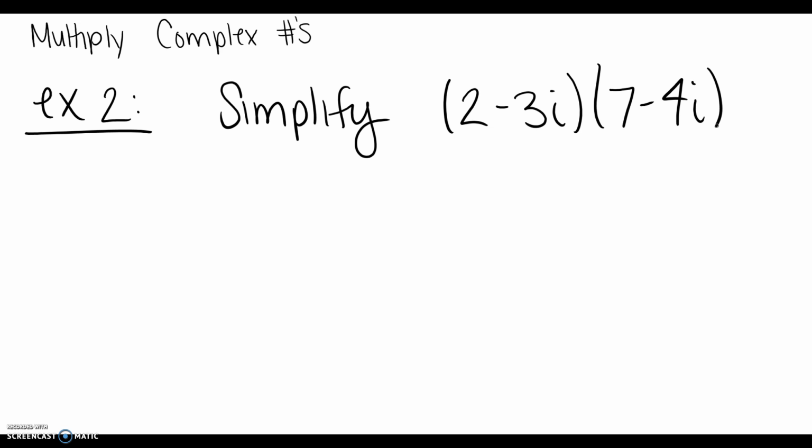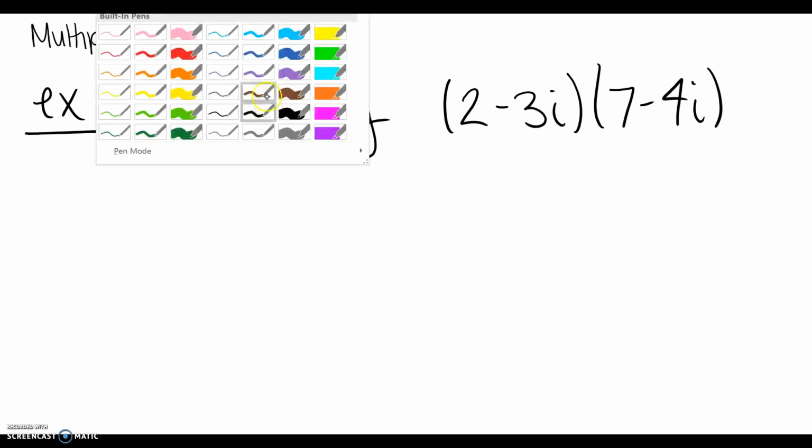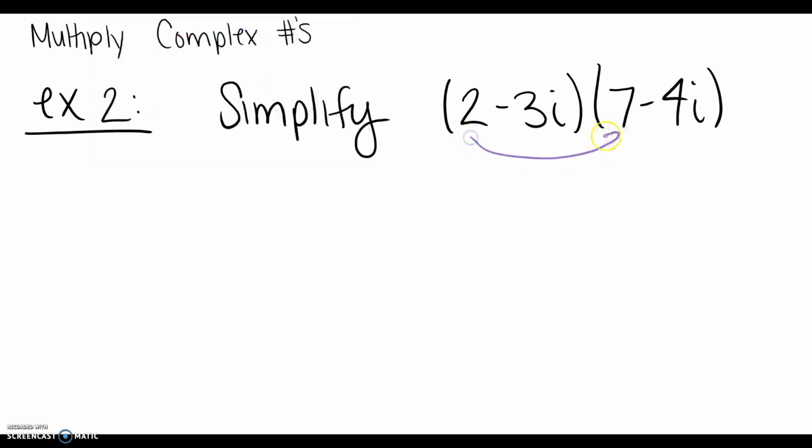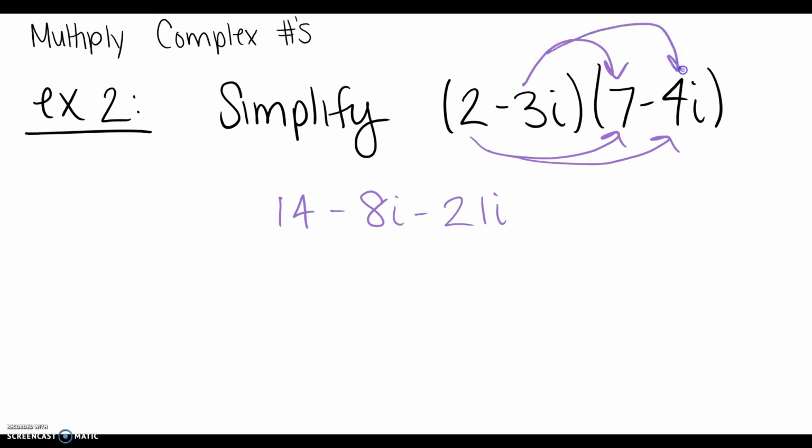So when you're multiplying, you're just going to double distribute. So 2 times 7, 14. 2 times -4i, -8i. -3i times 7, -21i. And -3 times -4i is going to be positive 12i squared.